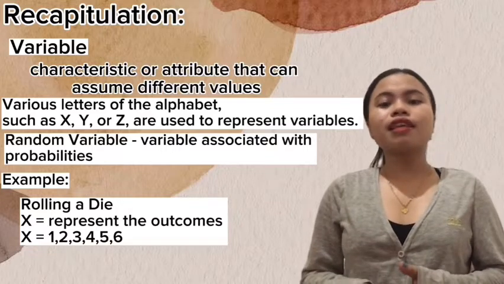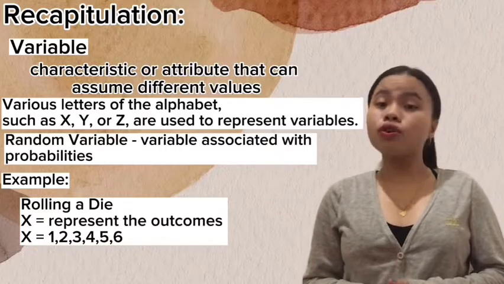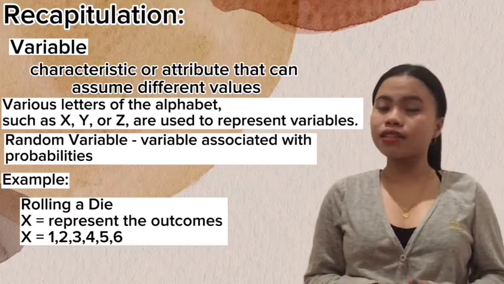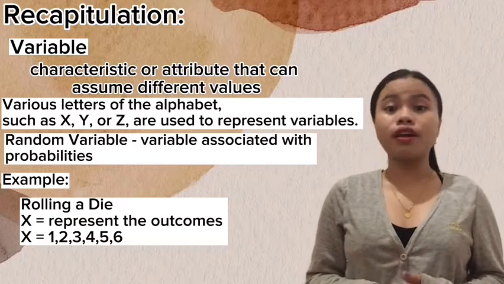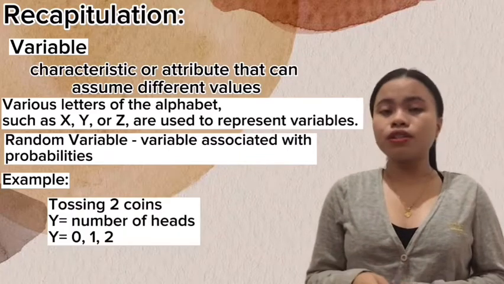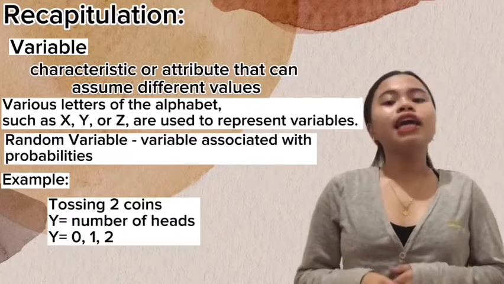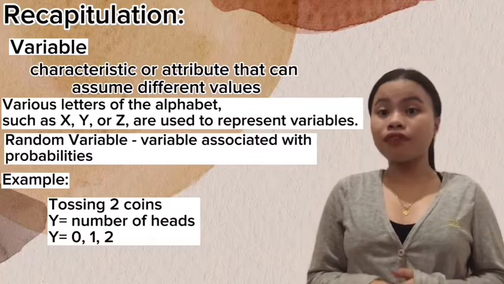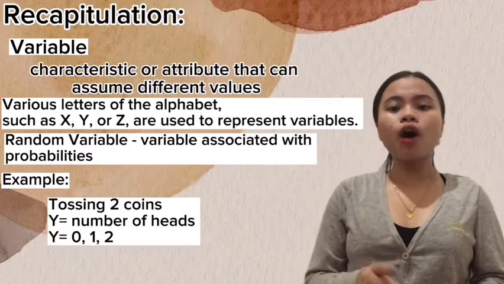Then the values that X can assume are 1, 2, 3, 4, 5, or 6, corresponding to the outcomes of rolling a single die. Another example, if 2 coins are tossed, a letter, let's say Y, can be used to represent the number of heads. In this case, 0, 1, or 2.